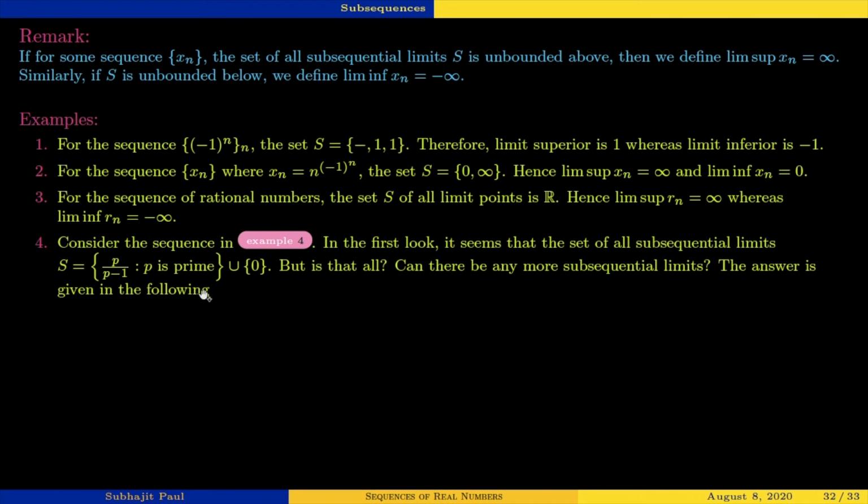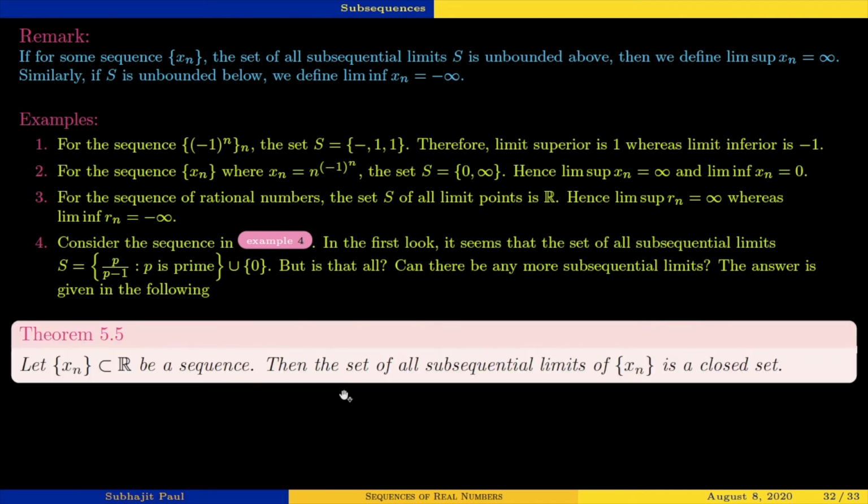This is coming from the first look. But is that all? Can there be any more subsequential limits? The answer is given in the following theorem. Let Xn be a real sequence. The set of all subsequential limits of Xn is a closed set.